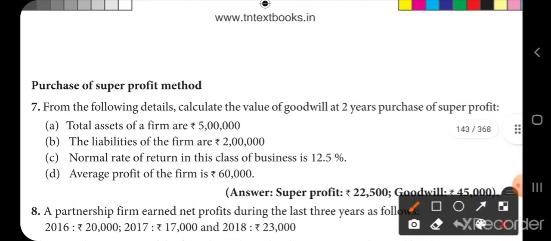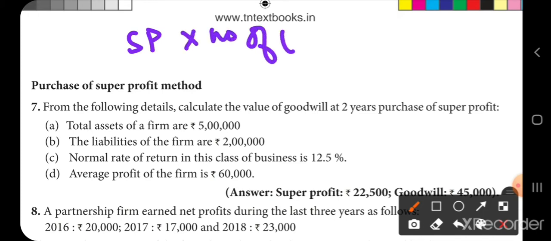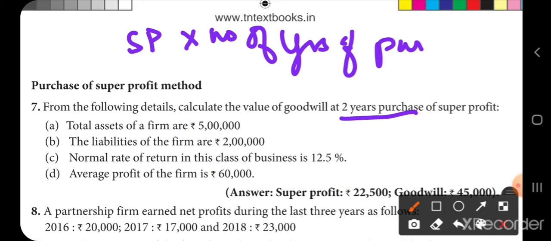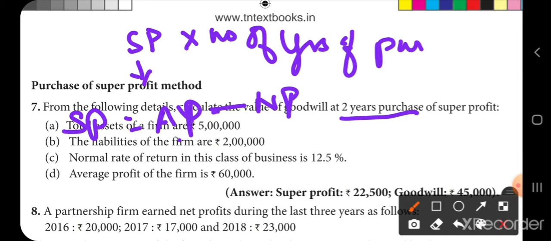Goodwill is equal to super profit into number of years of purchase. Number of years of purchase is given in the problem. Super profit you should find out. What is the formula for super profit? Super profit is equal to average profit minus normal profit. Now average profit is given in the problem as 60,000. You don't know what is normal profit.